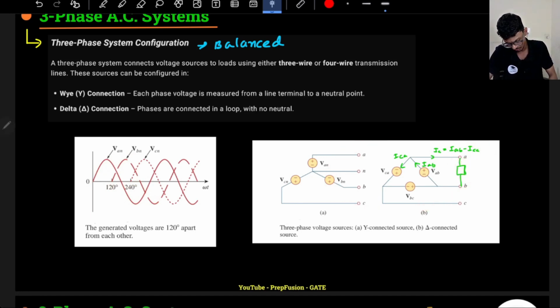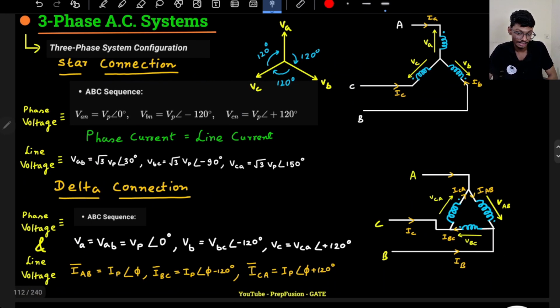Now, a few things we concluded in that lecture: in case of star connection or Y connection, the phase voltages will be VAN equal to VP angle 0, VBN equal to VP angle minus 120, and VCN equal to VP angle plus 120 degrees. So this is the phase voltage, and the line voltage will be root 3 times this.